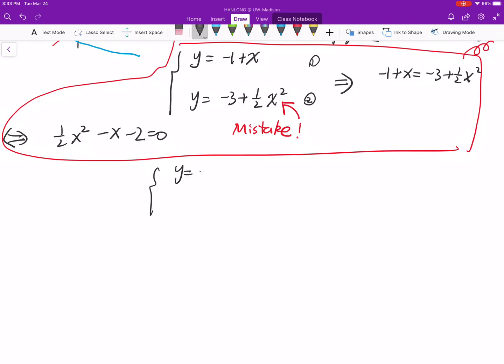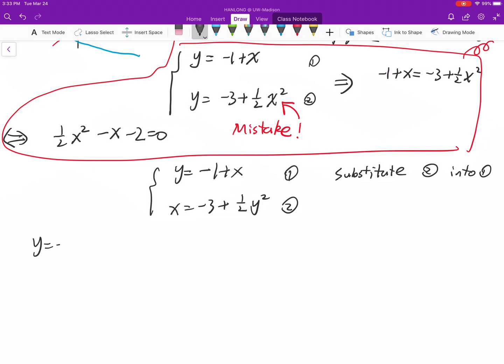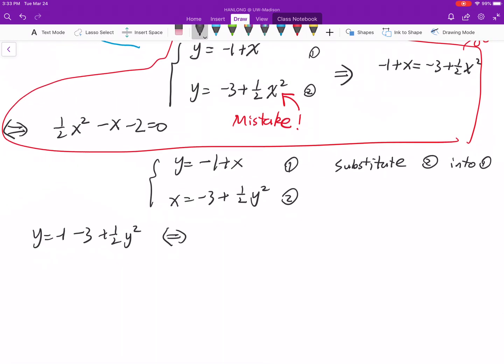y equals -1 plus x. x is -3 plus 1/2 y squared. Okay, then substitute 2 into 1. Then we have y is -1 minus 3 plus 1/2 y squared. You multiply both sides by 2.